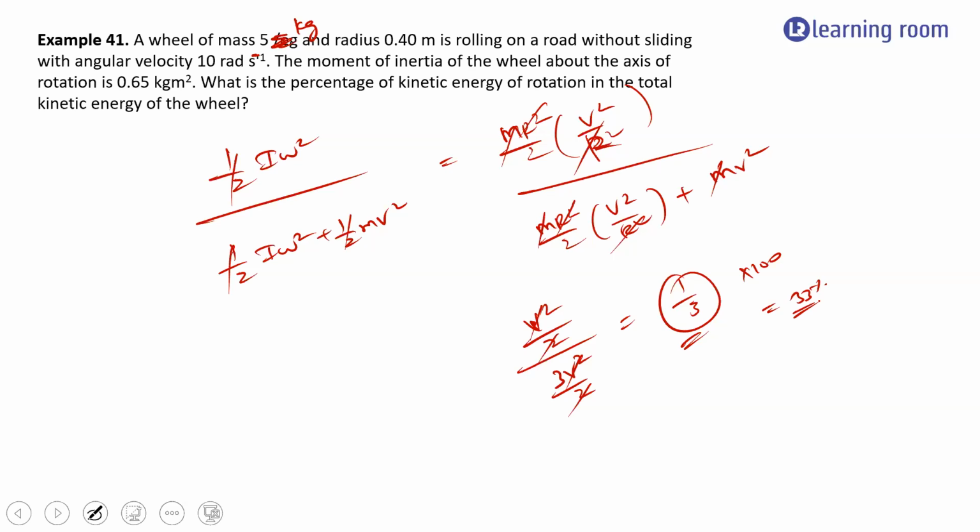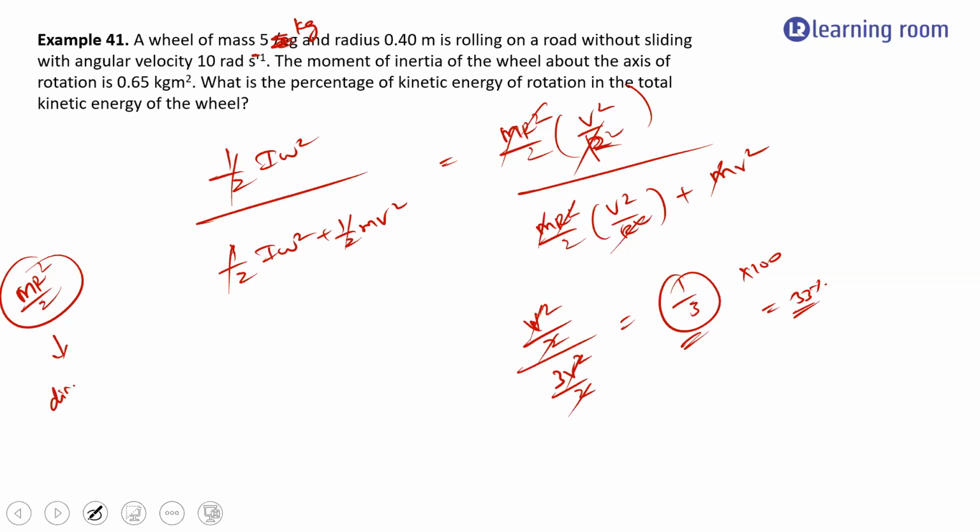Sir, I have a doubt, sir. Sir, what is the moment of inertia of a disk, sir? mr square by 2. Sir, then why do we have mr square by 4, sir? Where did they write 4? For the previous sum, somewhere we wrote mr square by 4.